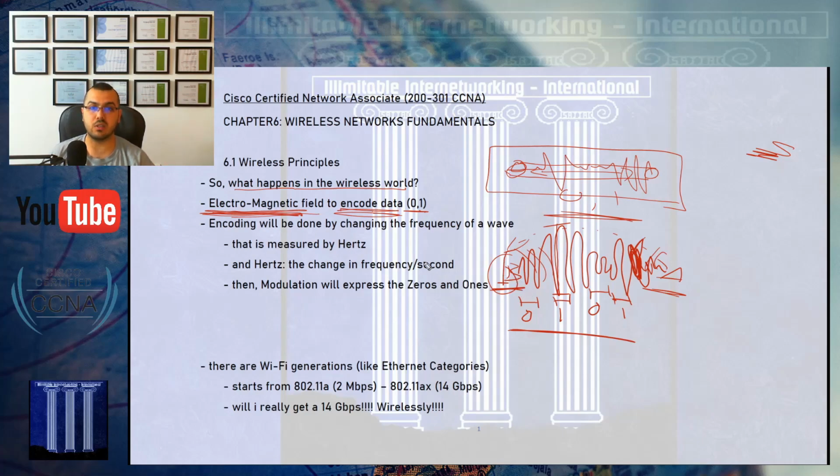So encoding is done by changing the frequency of a wave. There is a low frequency wave for zeros and a high frequency wave for ones. That is measured by hertz, and hertz is the change in frequency per second.